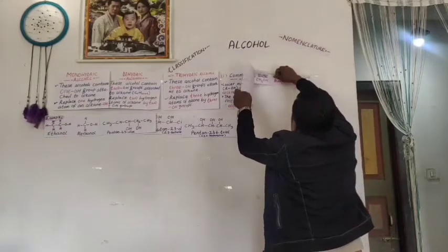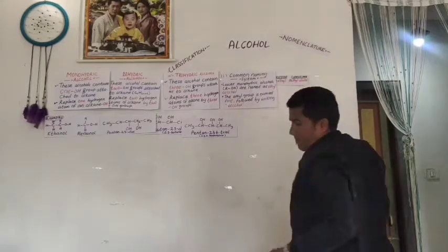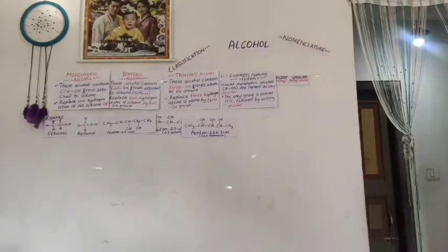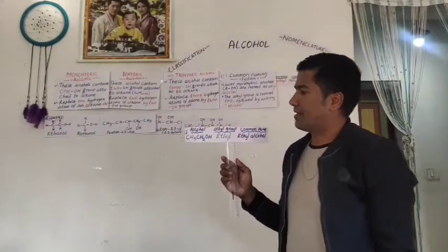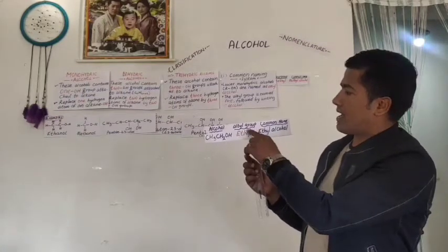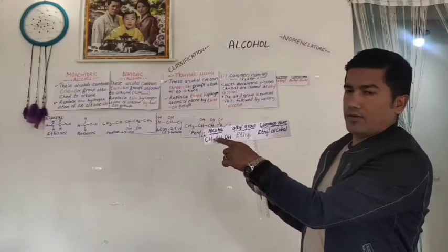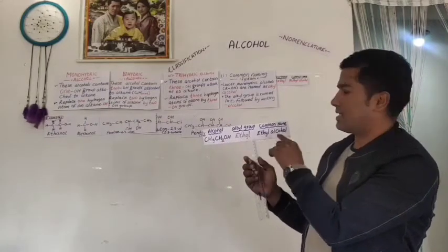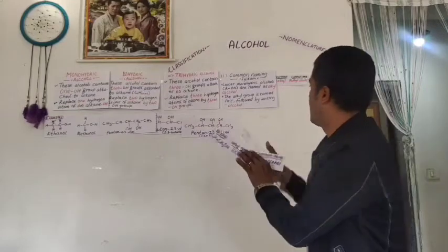Now, let it be here, we'll come back later. The second example, you can predict, is ethyl alcohol. You can see the alkyl group, then the common name. CH3CH2OH is ethyl alcohol.